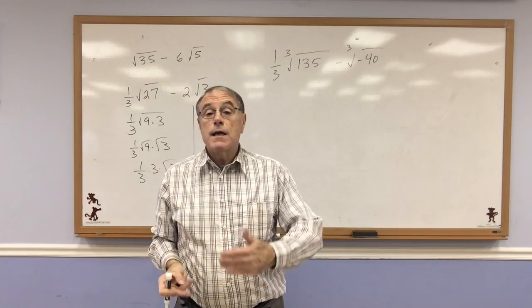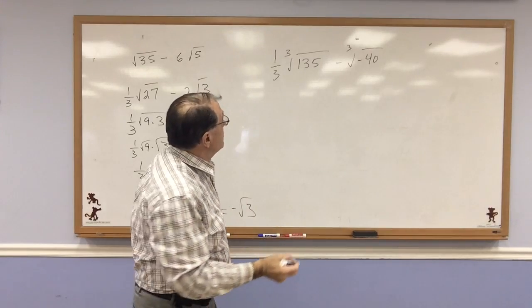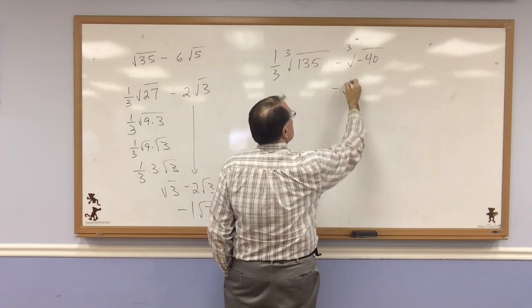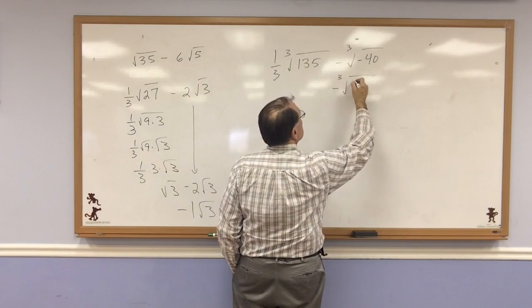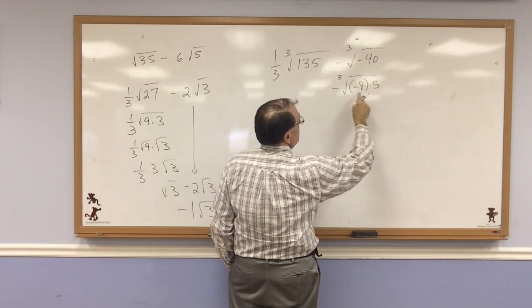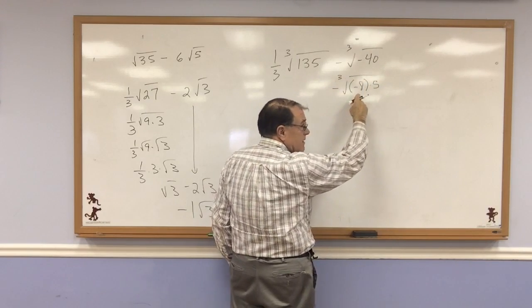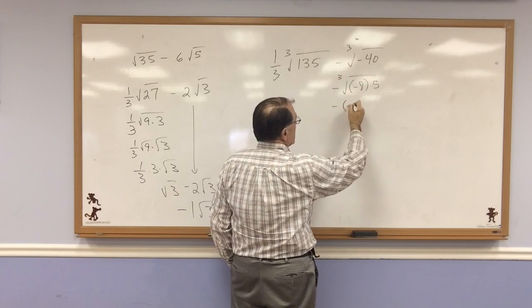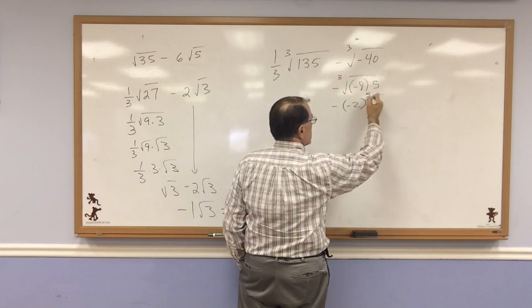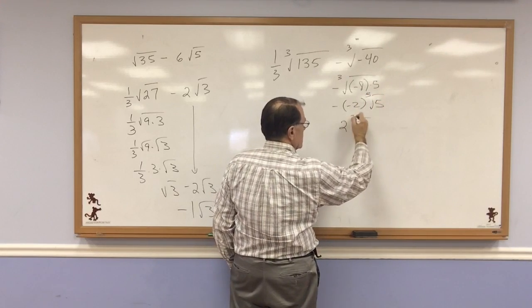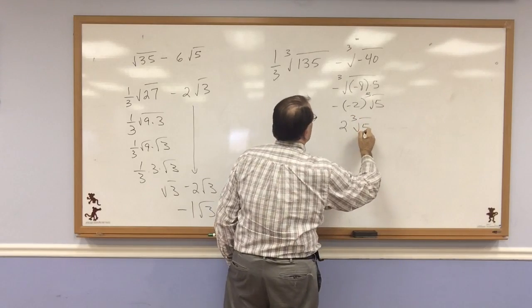I know 8 is the cube of 2. So I've got right here negative the cube root of -8 times 5. And the cube root of -8 would be -2. So I've got -2 times the cube root of 5. This would give me 2 times the cube root of 5.